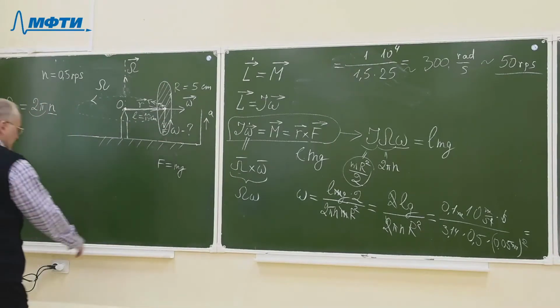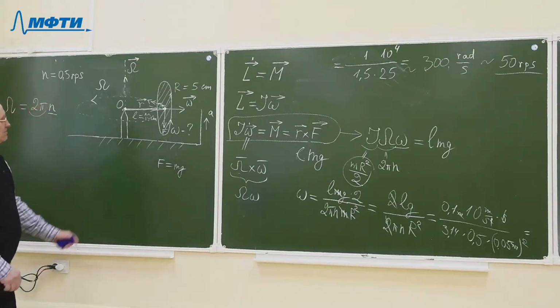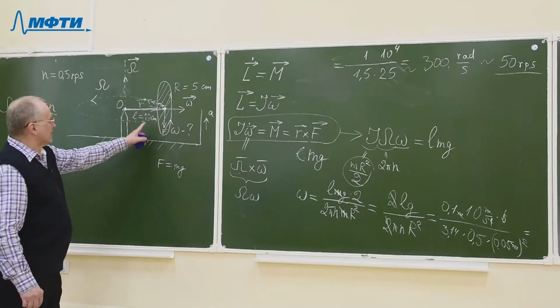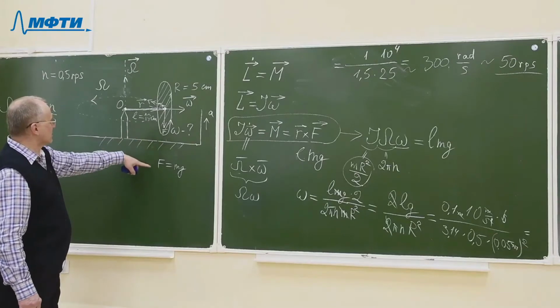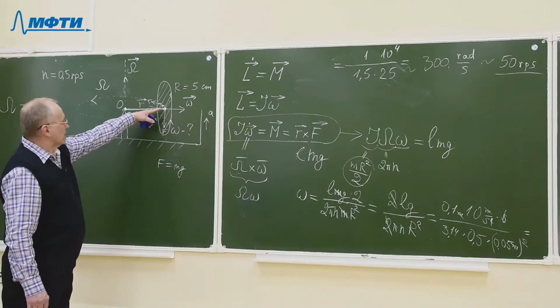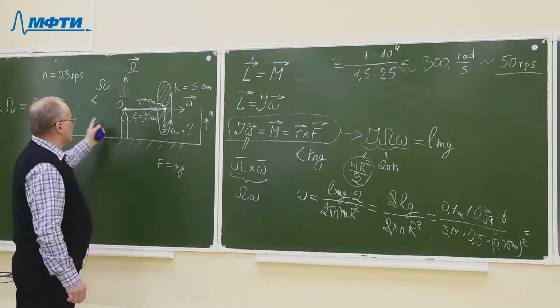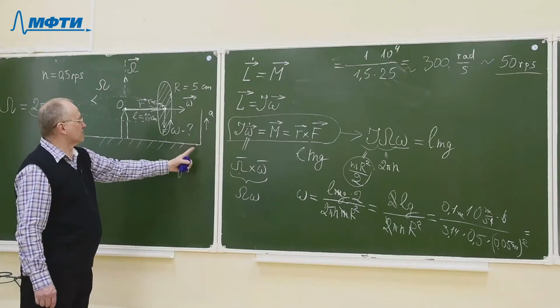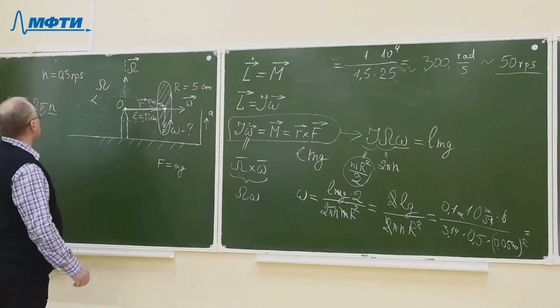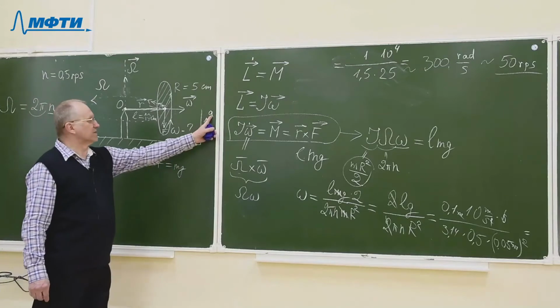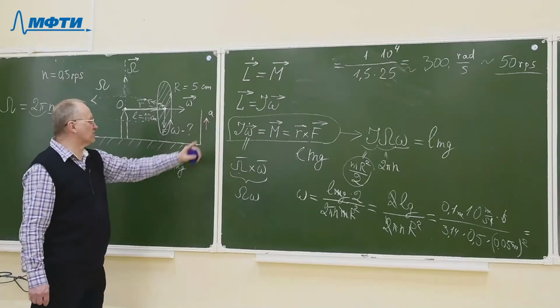I told you in the very beginning, and then it somehow slipped away from my consideration. So everything is going on inside the elevator cabin which goes up with a given acceleration of 2 meters per second squared, according to the statement of the problem.